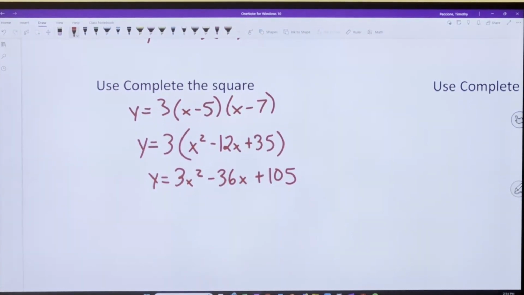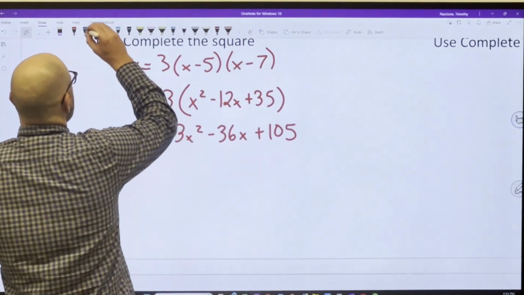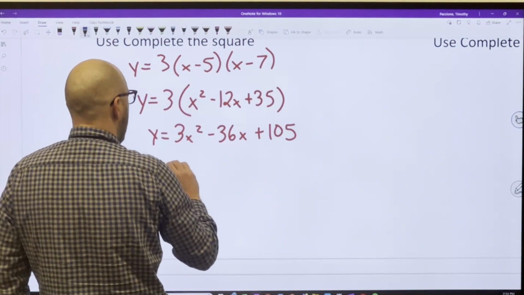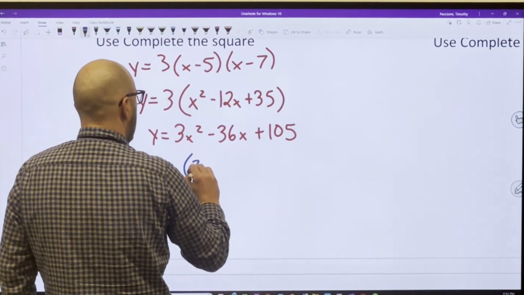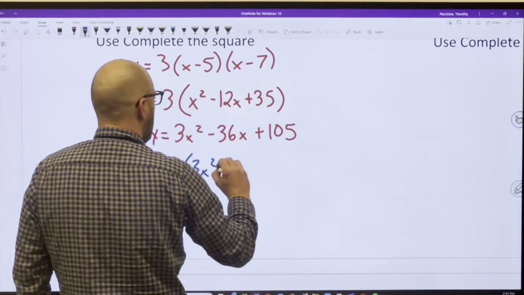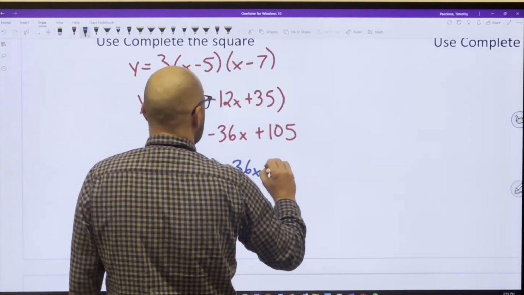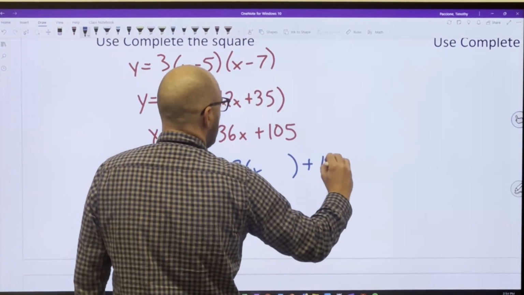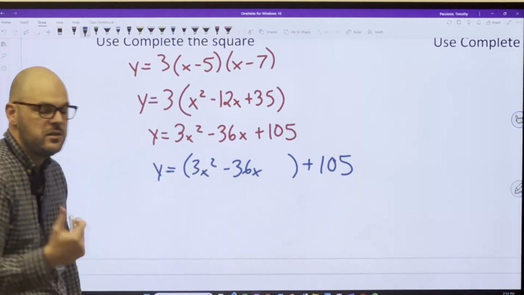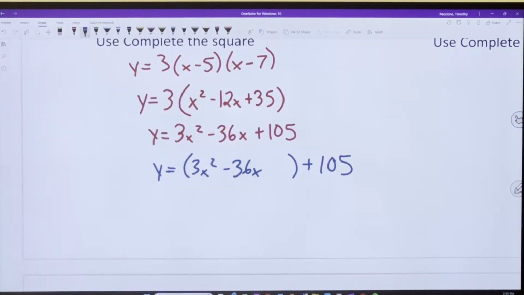Now I need to go to, what were we trying to get to? Vertex. So I have to complete the square. So I kick out the c: y equals 3x squared minus 36x, leave a space, plus 105. Now before I can complete the square, I need to move out my a, so I need to pull out the 3.